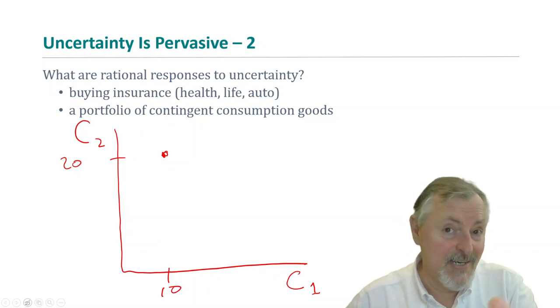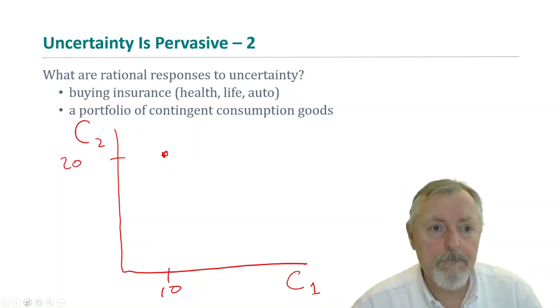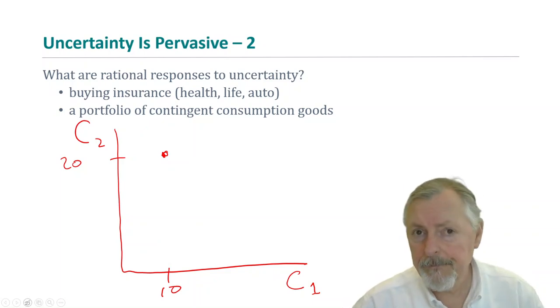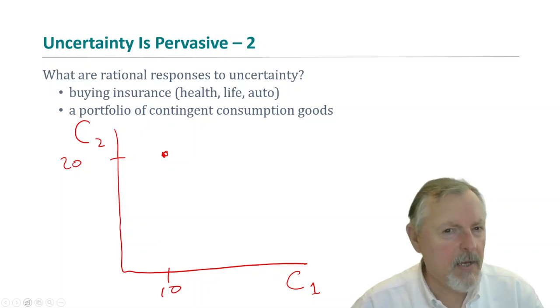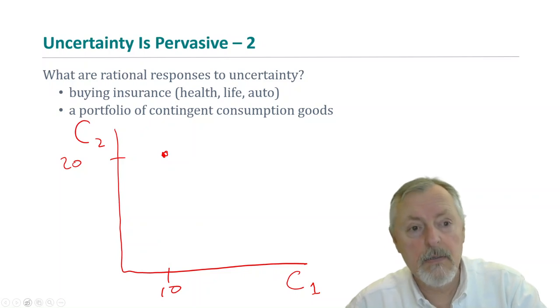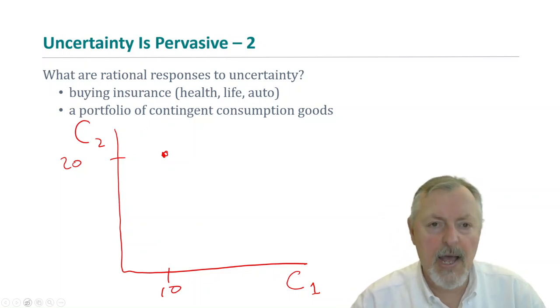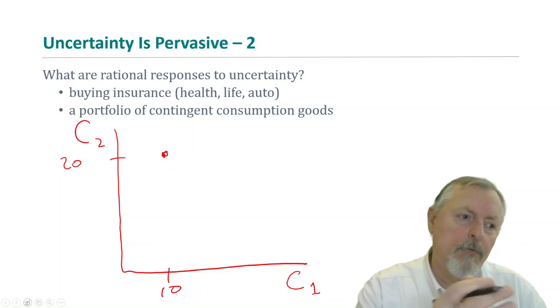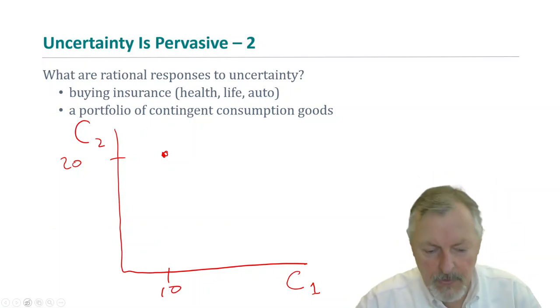I also use C because the book does. Instead of cabbage, just think of it as consumption. You can think of it as money. How much consumption will you have if the gamble turns out this way on the horizontal axis? How much consumption will you have if the gamble turns out that way on the vertical axis? Okay.